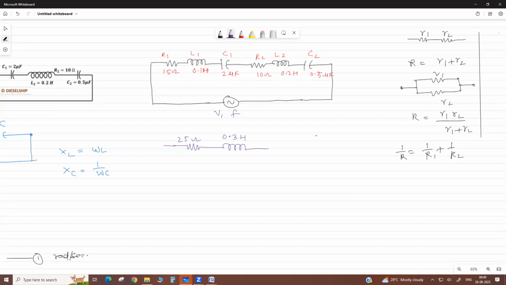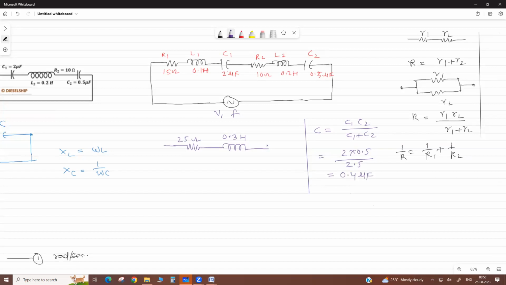Now capacitances in series, so total capacitance: please calculate. It is 2 into 0.5 divided by 2.5, so total is 0.4 microfarad.